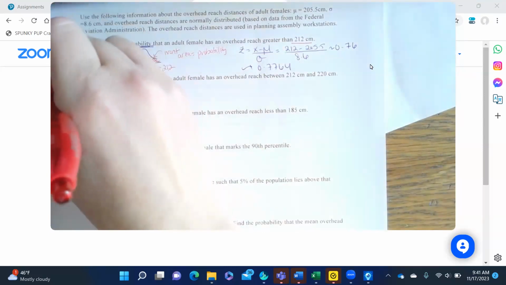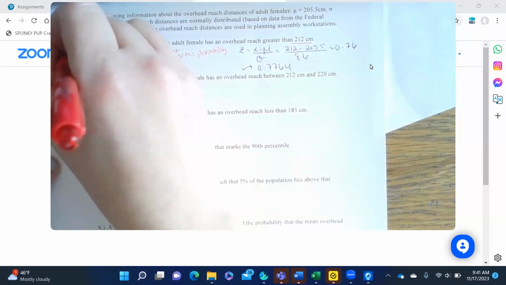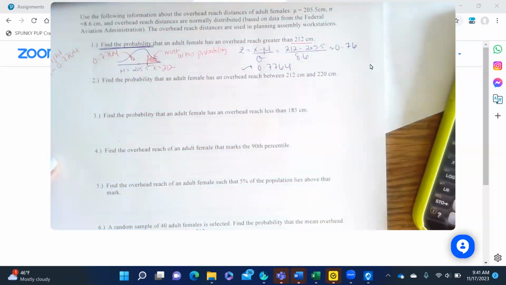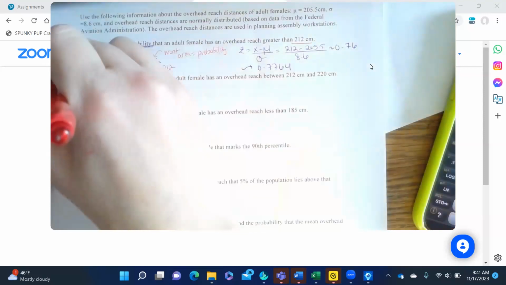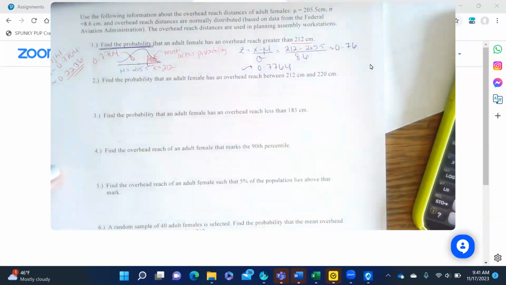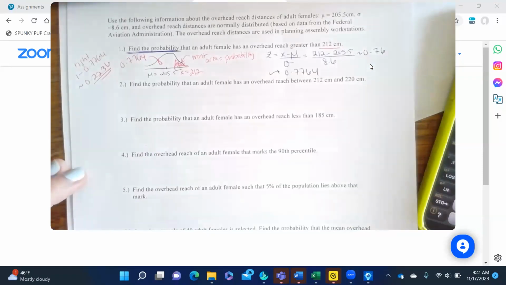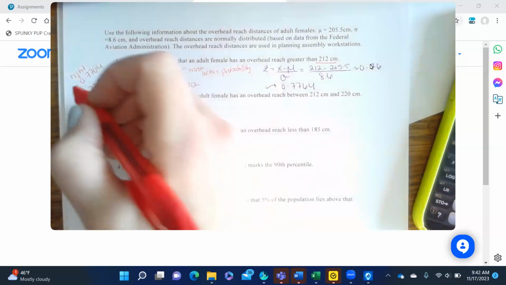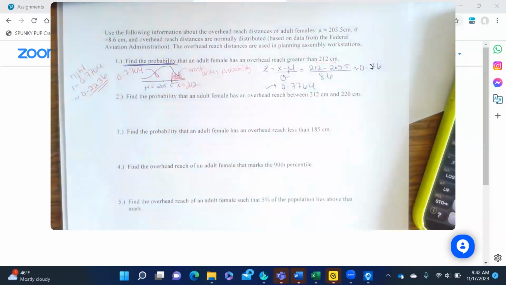So I'm going to do 1 minus 0.7764, and I get about 0.2236. So the probability that a female has an overhead reach greater than 212 centimeters is only about 0.2236, so about 22%.